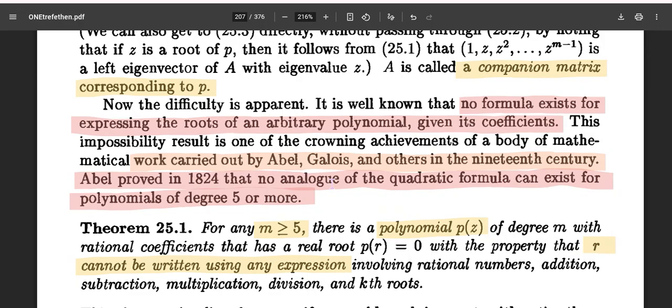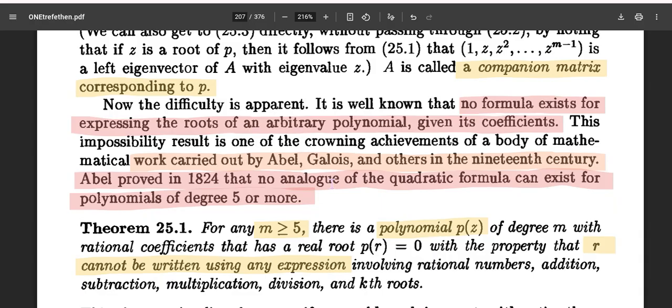So these are the two difficulties. One is with respect to the way we compute the eigenvalues, because the root finding problem itself is ill-conditioned in fixed point arithmetic. And the second is that there is no explicit mathematical expression to exactly calculate the roots of a polynomial of degree greater than or equal to 5.